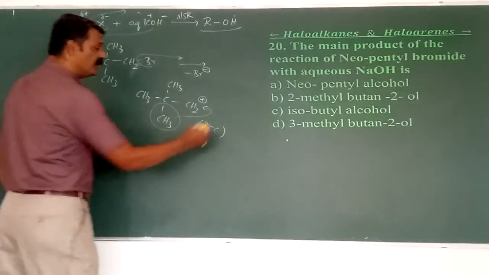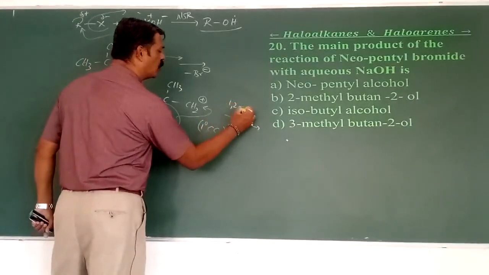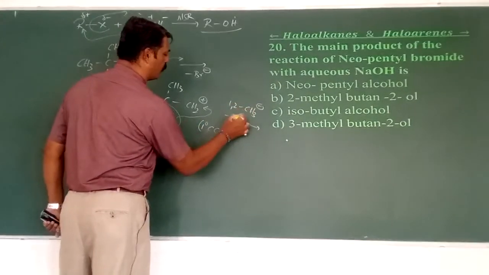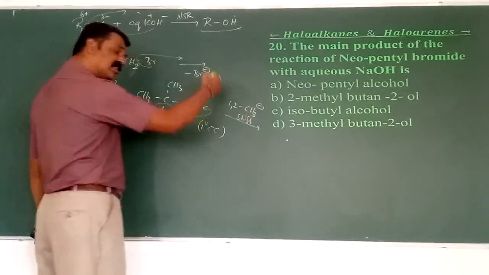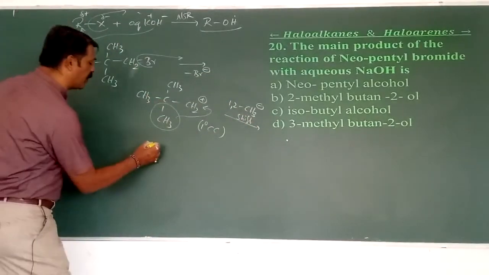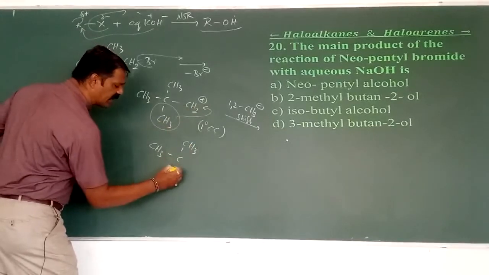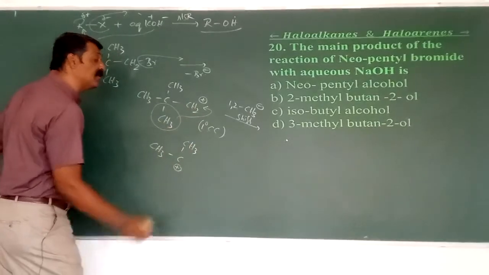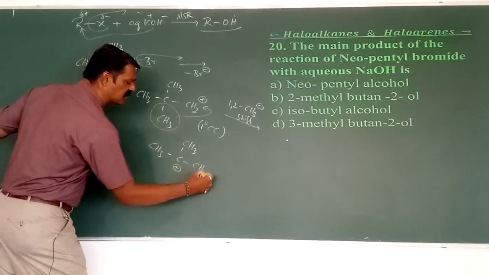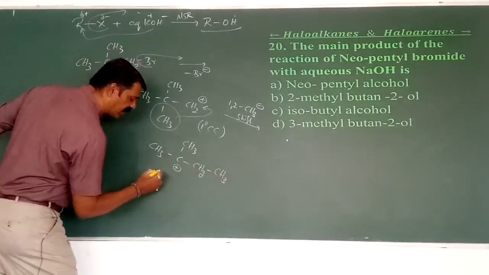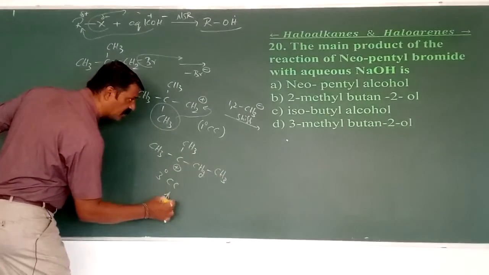Here, due to the 1,2 CH3 minus shift, the CH3 minus has been shifting here, such that it becomes CH3, CH3. As it loses CH3, it is C plus. CH2 plus is attacked by this. Can I say that is a tertiary carbocation? It is going to be the most stable.